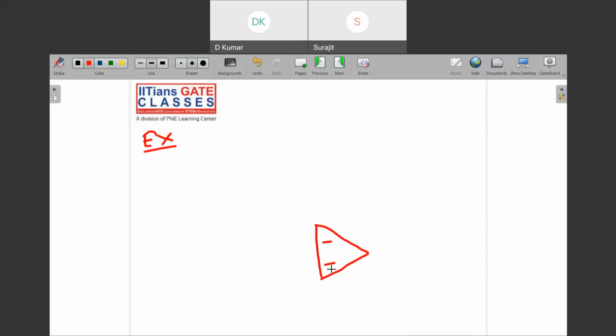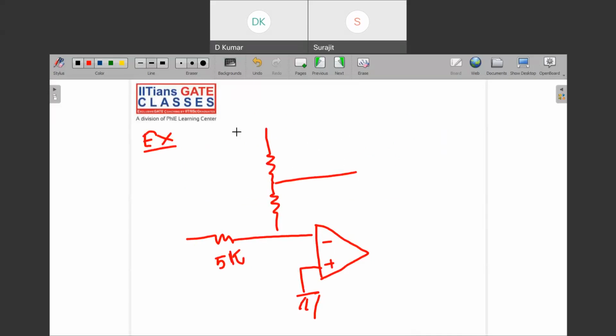This is minus, this is plus, and this is grounded. There is a resistance connected that is 5K, and there is a resistive divider like this. One more op amp is connected here.